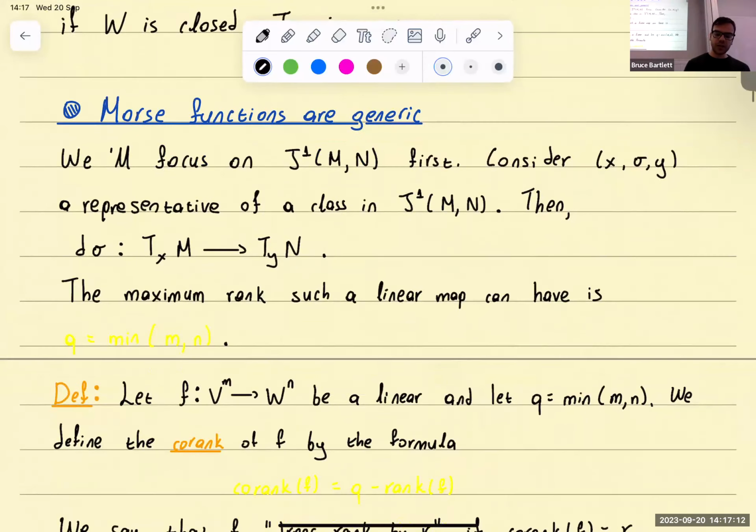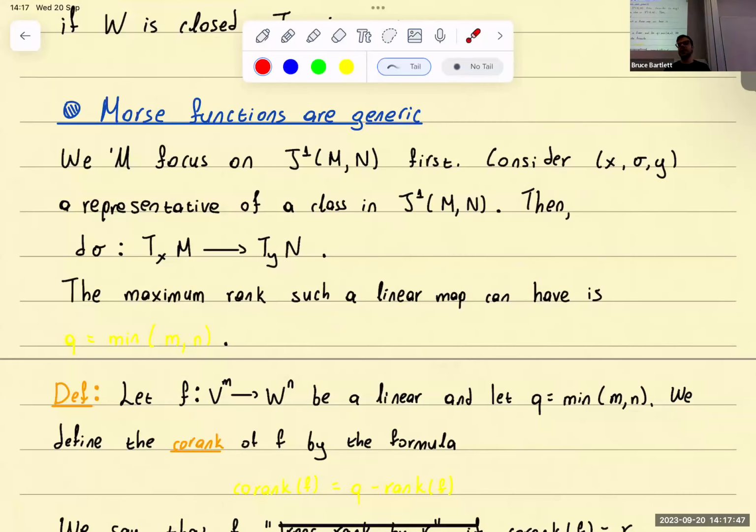The thing that we are going to focus on is the first jet space. If you give me a representative of a class in this first jet space, I can take the differential of the germ at x. The equivalence class keeps enough information for me to be able to do that, regardless of the choice of the representative. But this is just a linear map between vector spaces, and any linear map has a rank.